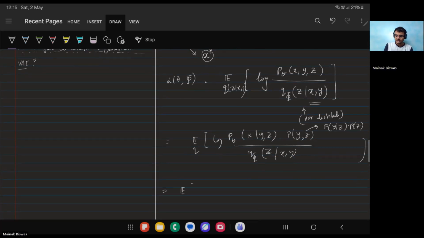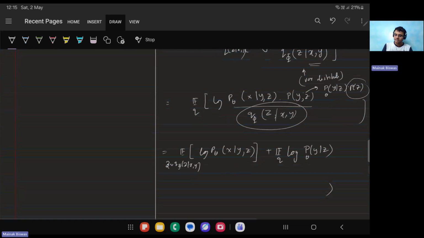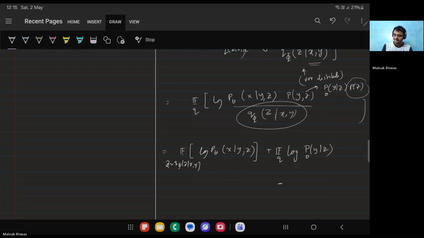I can write this as the expectation over z sampled from q phi of z given x comma y, of log p theta of x given y and z, plus I will take these two terms as I did last time, plus the expected value over q of log p of y given z, minus the expected value over q of log q phi of z given x comma y.